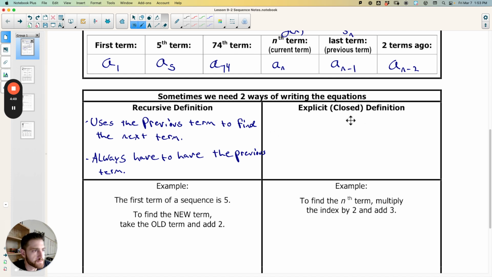Okay, so for the explicit or closed definition, we're going to plug in the term number to find the term. So if it's a sub 1 or a sub 2 or a sub 3, you're going to plug in 1, 2, or 3 for n and then calculate to find your term. So plug in the term number to find the term.